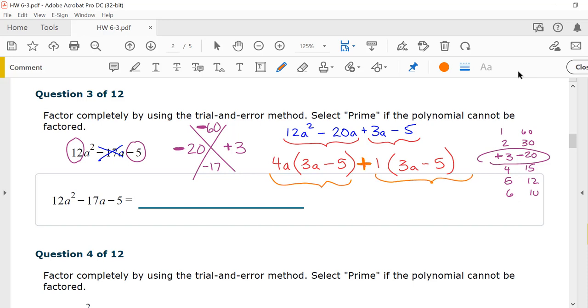What's in common with both of them? I see a 3a minus 5 in both of them. I'm going to pull it out there and here. And what remains is 4a plus 1. There's my answer. That trinomial factors to 3a minus 5 times 4a plus 1.